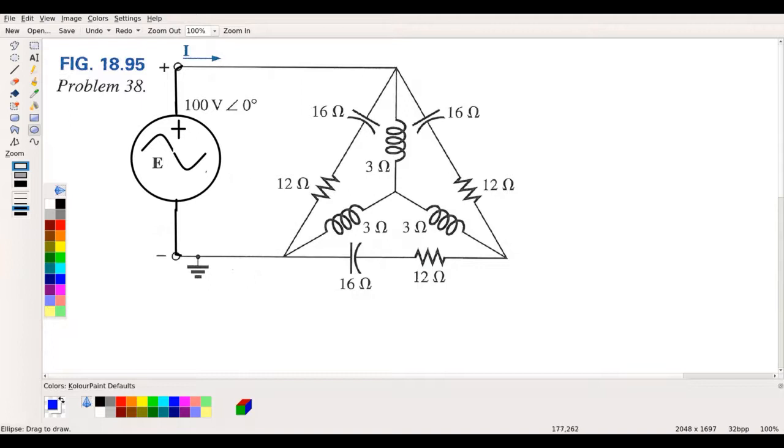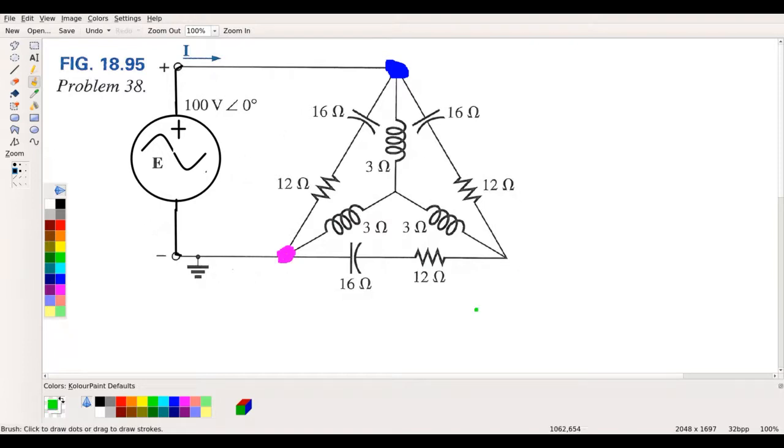As I've stated before, one of the first things we should probably do is label the nodes and also color code them so that we can keep track of these points.